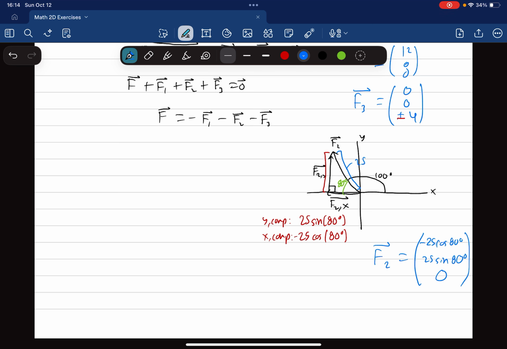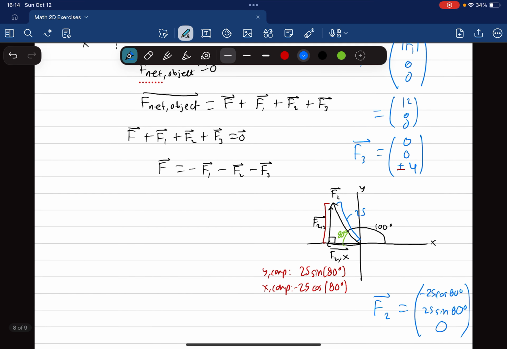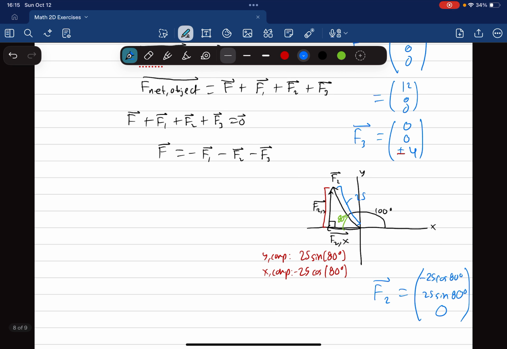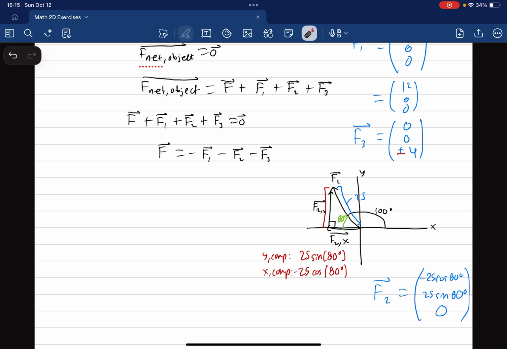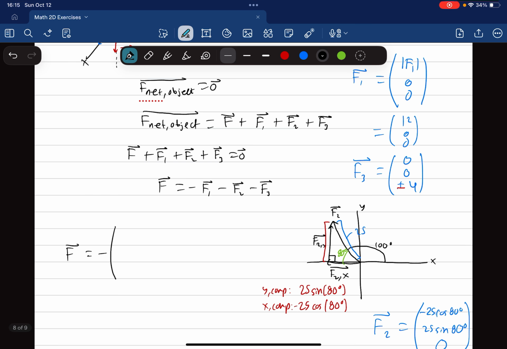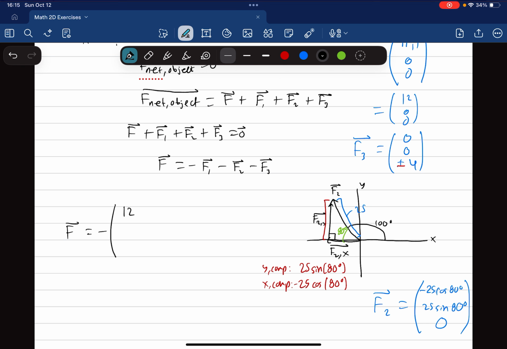Okay, so now that we have our three component representations, let's plug them into this equation right here and get components for F. So F is going to be negative, okay. F1 is 12, 0, 0.